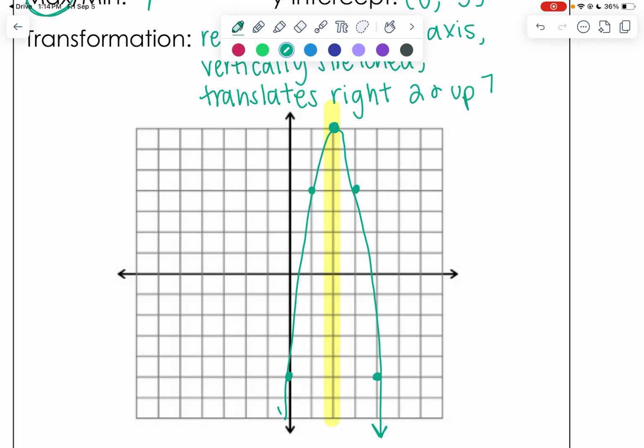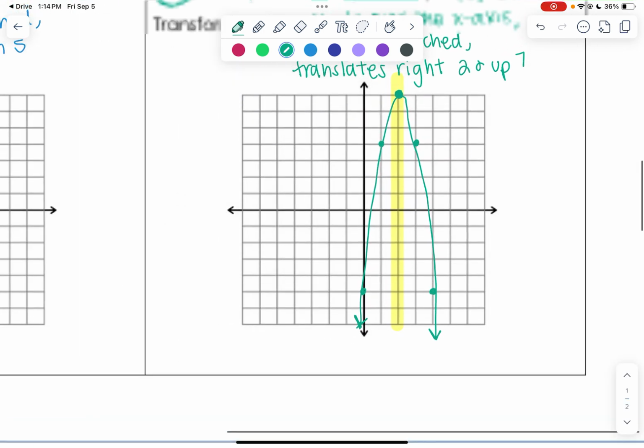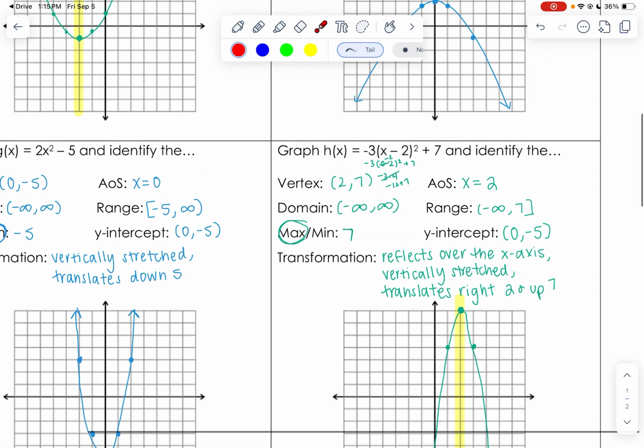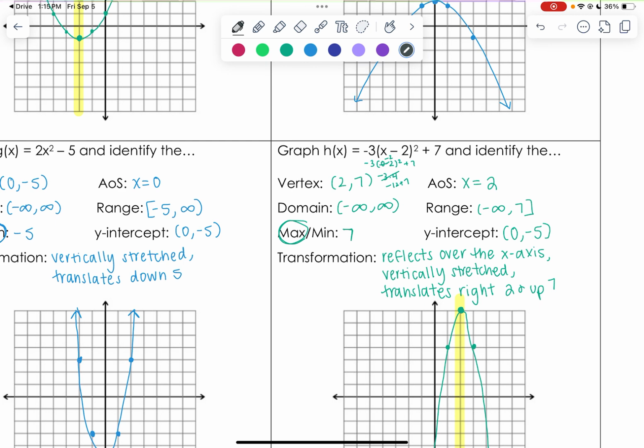Like I told you, these don't have to be super pretty. Now, if you are having trouble finding points and you're having trouble with the vertical stretch stuff, once you know where your vertex is, just plug in other numbers to find it, okay? So if you have your vertex and you're like, I don't know where to go. Well, you need something over here, so plug in 1 for x. So back up here. If I plug in 1 for x, that would be h of 1, right?